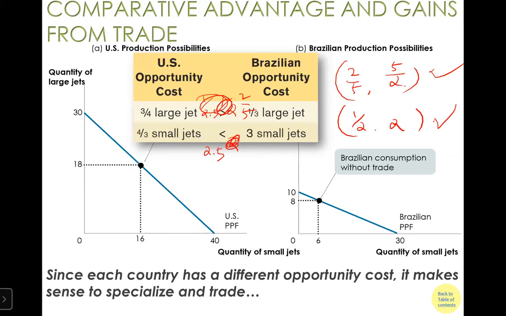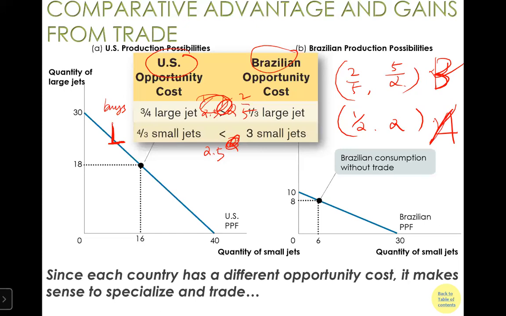To understand that, first look at what this price difference means to each country. Let's call this price A and this price B. Let's first look at the United States to see which price is better, and then we look at Brazil. Start with the United States. The US will specialize in larger jets and is going to buy small jets.